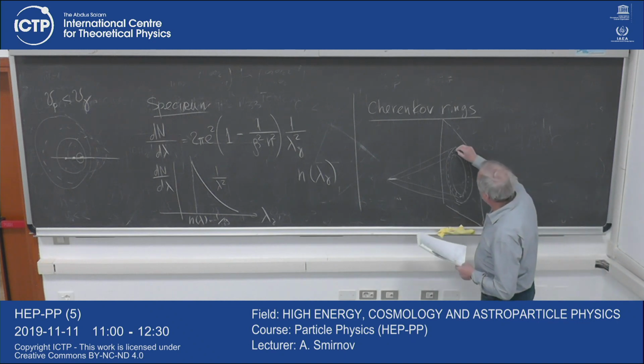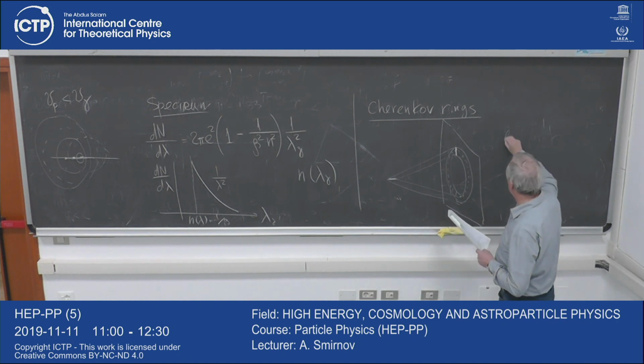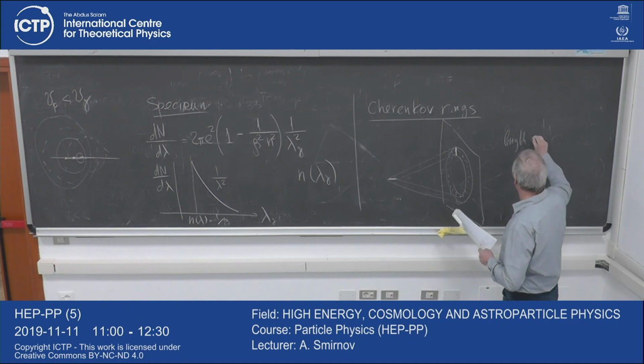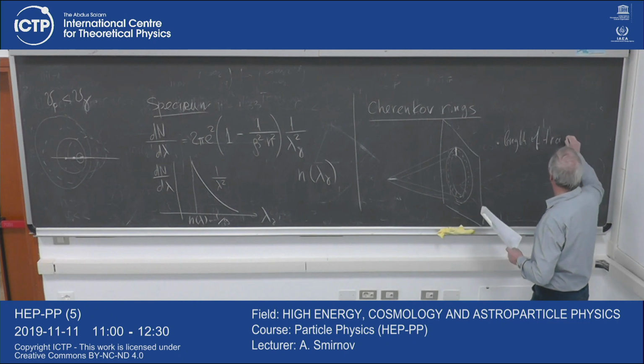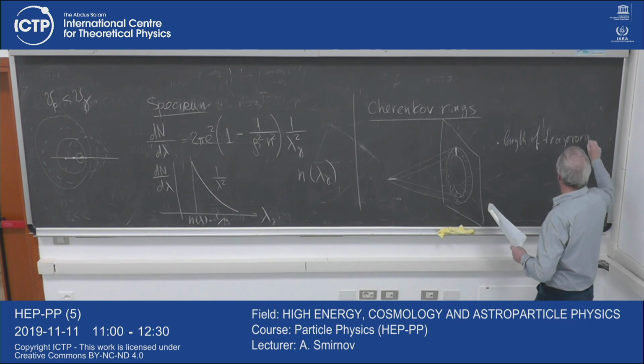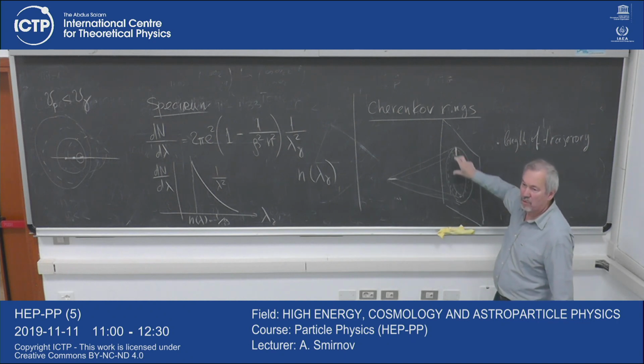For instance, the width of this ring will reflect the length of the trajectory. Right? So if you have a long trajectory, then you will have a bolder ring.